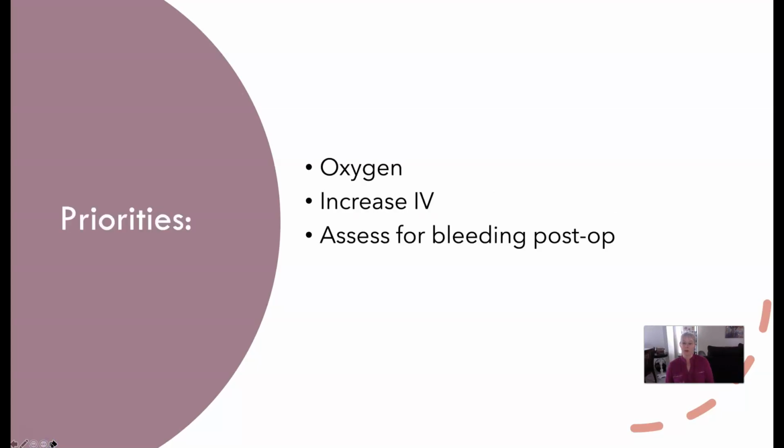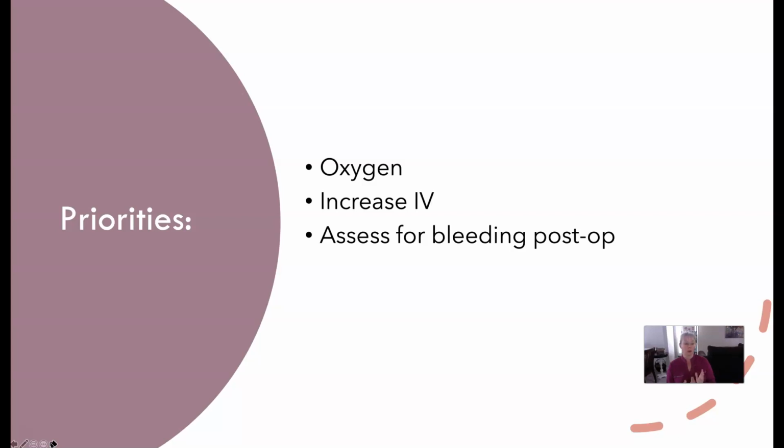We talked about this. ABCs: oxygen. You're going to increase the IV. For this initial patient that came in with this motor vehicle accident, you're going to have the fluids going at the highest possible rate because you want to bolus them and make sure they're getting that volume back. This patient probably got a blood transfusion also, I think it did say that it did transfuse.